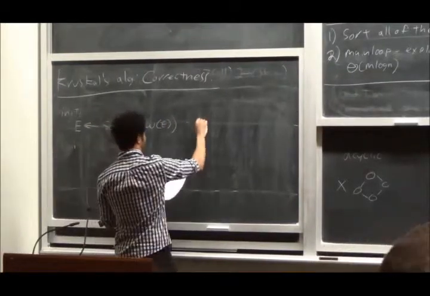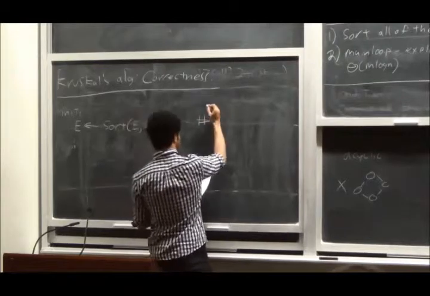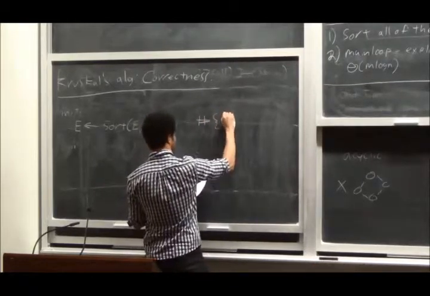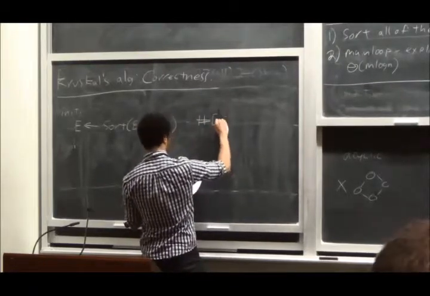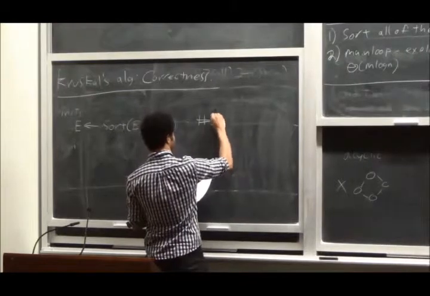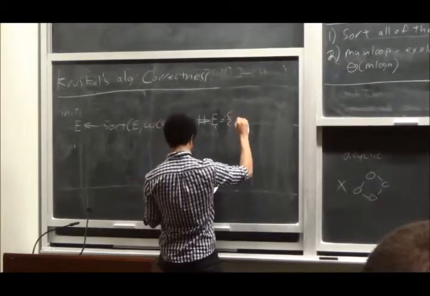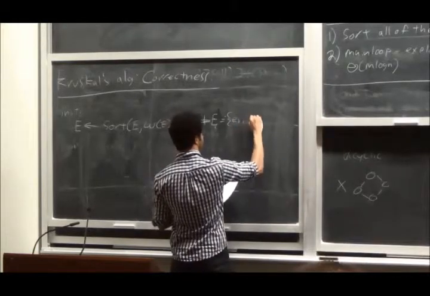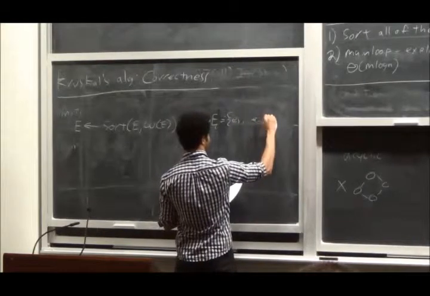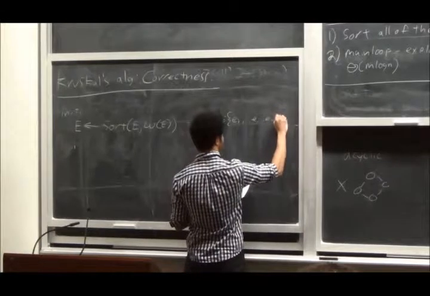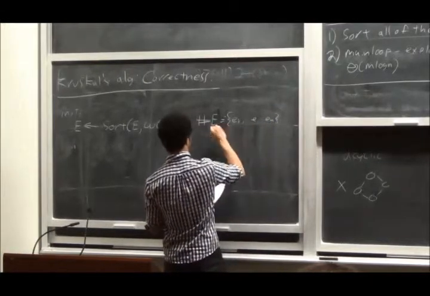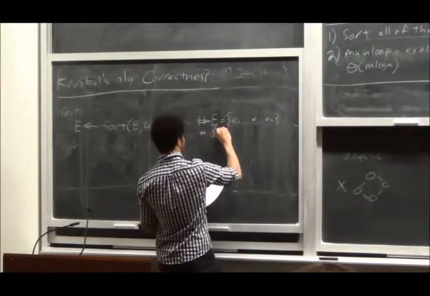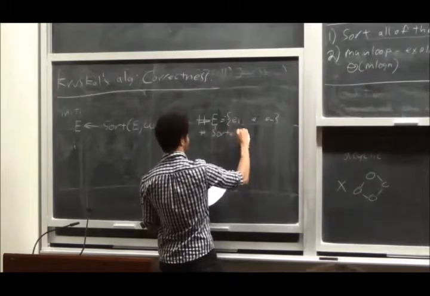By which all I mean is that if we have E equals E1, EJ, say, to EM, that it's sorted such that the weights are in order.